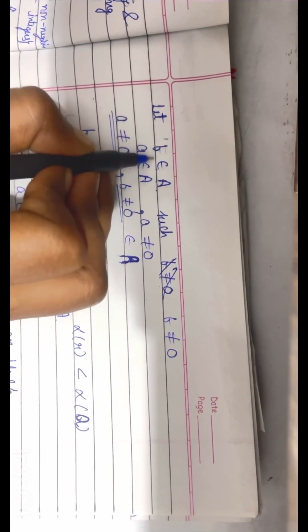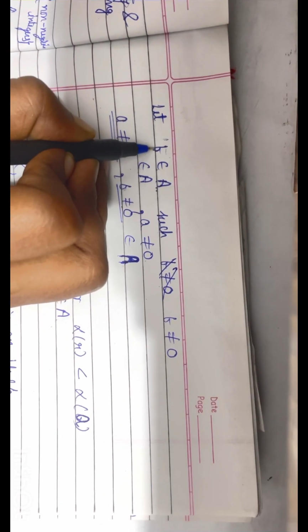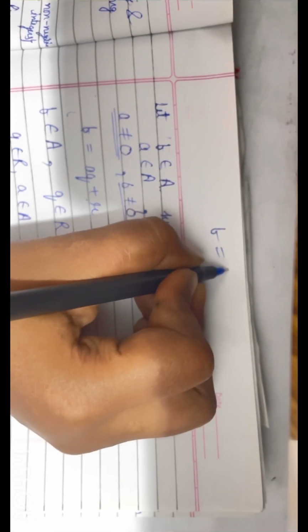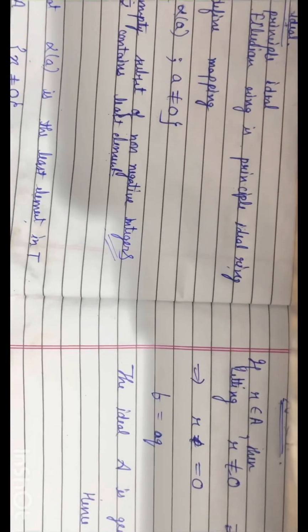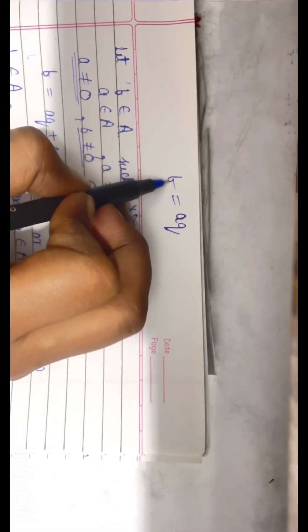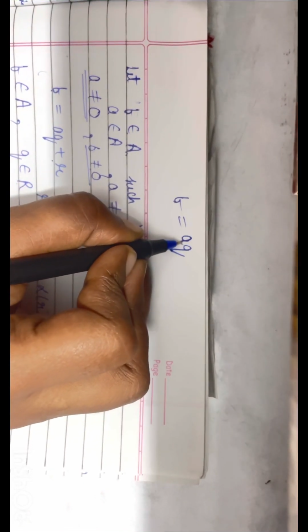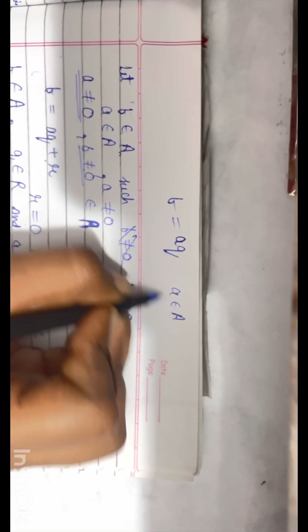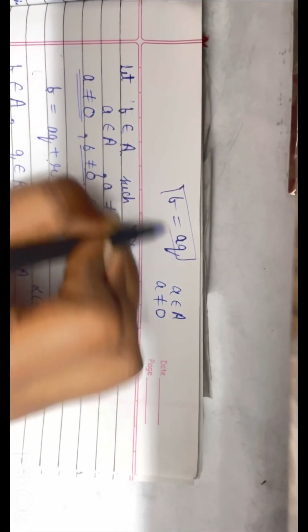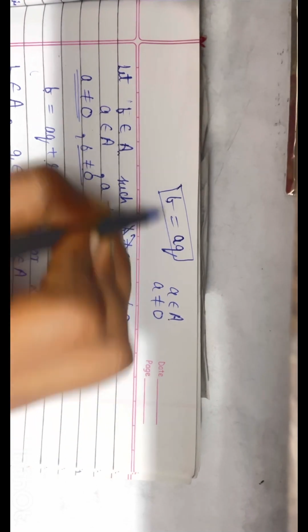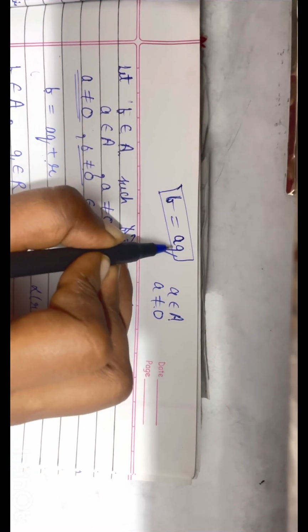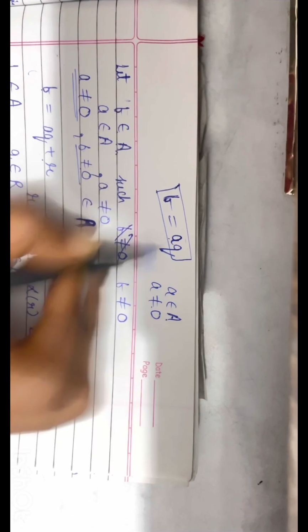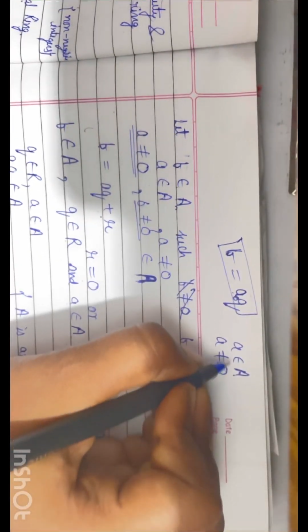If B is a general element in A, then any general element of A, B, can be written as a multiple of A. From here, A is already an element of A. If any general element of this A can be written in product of this A, which also belongs to A, this means this A is a principal ideal ring, because like this general element, every element of A which is not equal to 0 can be written in product of this element of A. Let this be A naught.